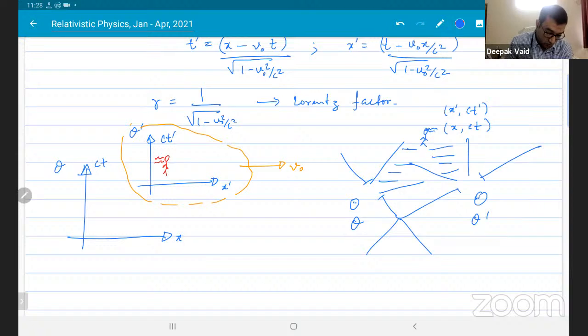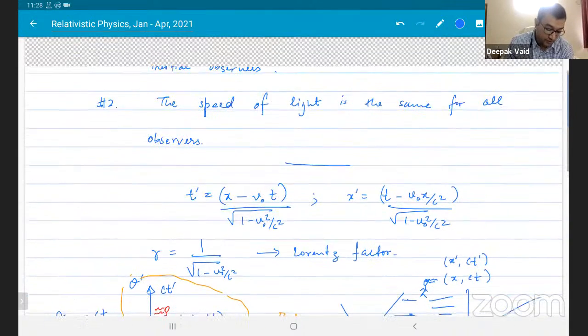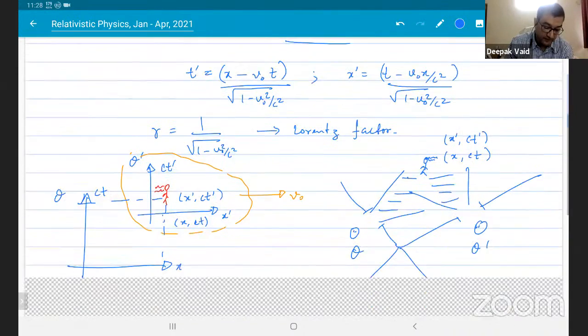So O prime says that the location of this lady is at x prime, ct prime, and O says that no, the location of this lady is at x, ct, right? But these coordinates are related to each other by this transformation, right? And this transformation is a consequence of the first two postulates of relativity, right?